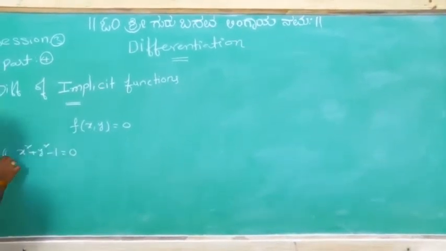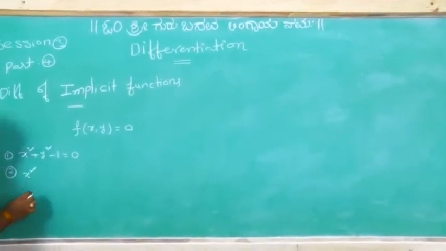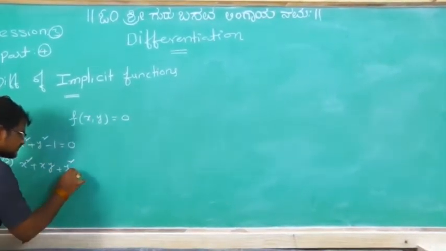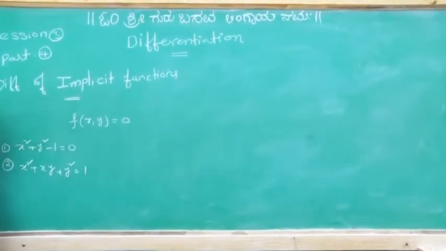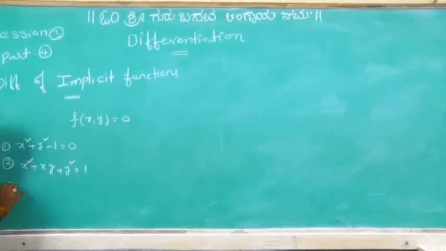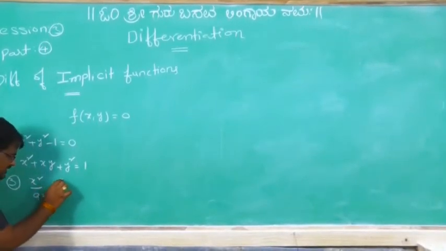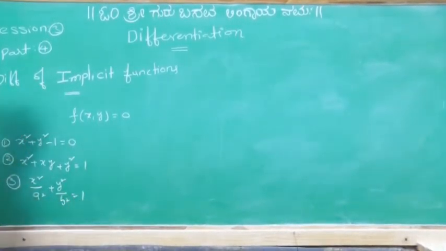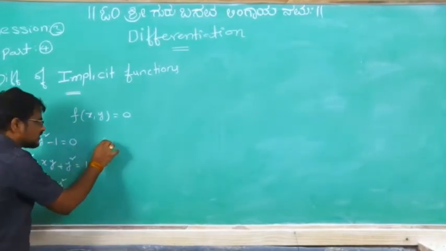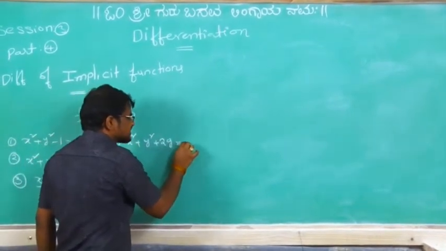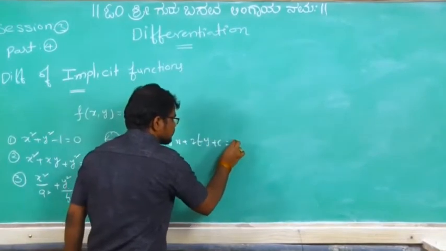If you take one more example, x square plus xy plus y square equal to 1, this is also an example of an implicit function. Next, x square by a square plus y square by b square equal to 1, and x square plus y square plus 2gx plus 2fy plus c equal to 0.